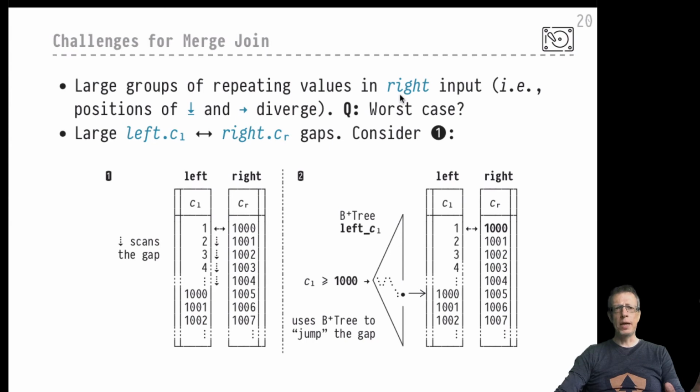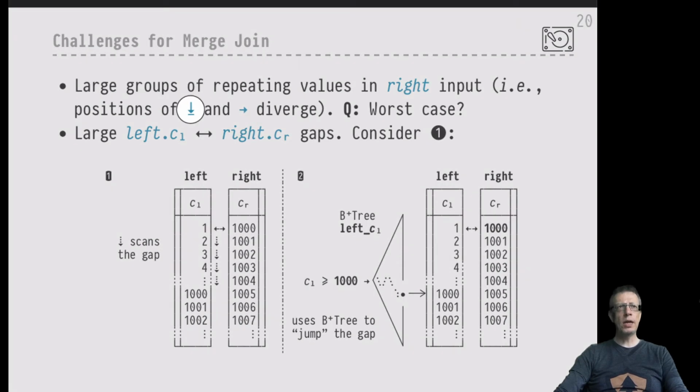Well, this may lead to situations in which the positions of the marker and the actual reading position that we have in the right input diverge very significantly, right? So we are advancing through the large repeating group of values in our right-hand side input table, and there will be quite the distance. The size of the repeating group will be a measure for the distance between the marker and our actual reading position in the right-hand side input.